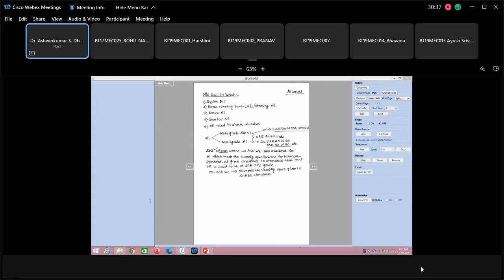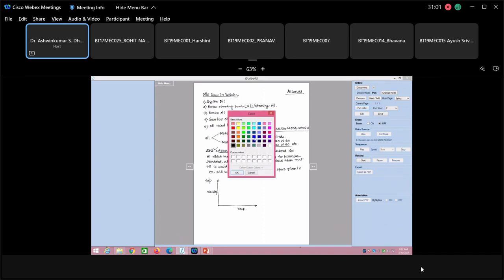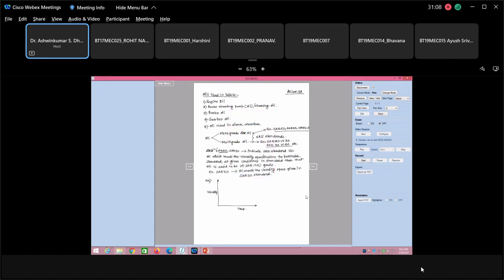Now you understand that this is just an example for understanding, not an actual thing. Let us say you have a graph. Let us say this is the viscosity and this is the temperature. Let us say you got the viscosity graph like this.